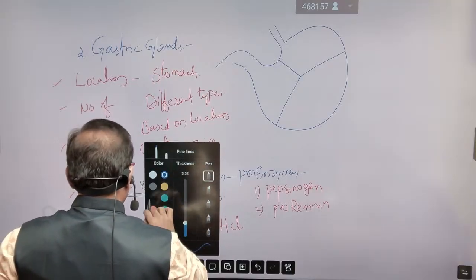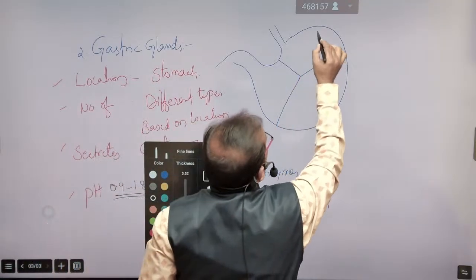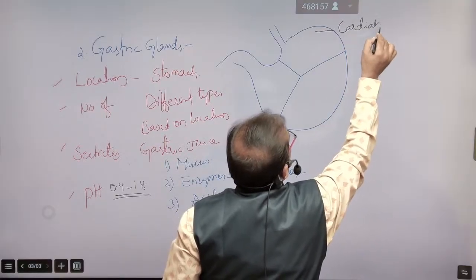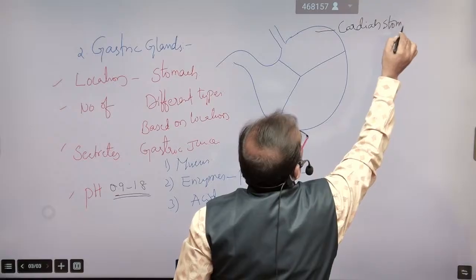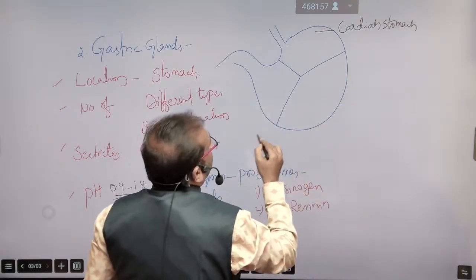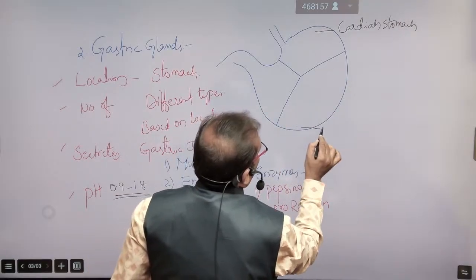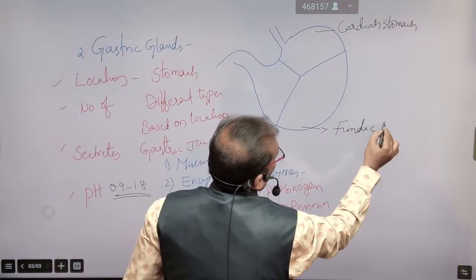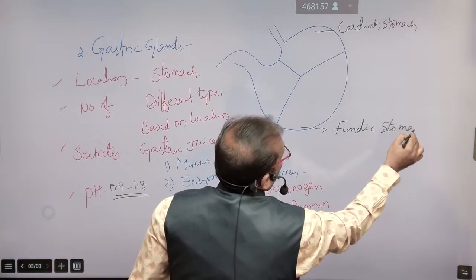The first type is known as the cardiac stomach. Second one, the fundic stomach.